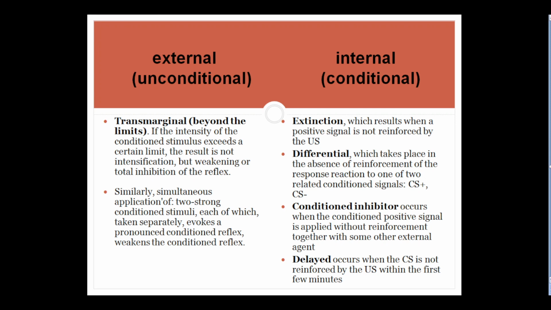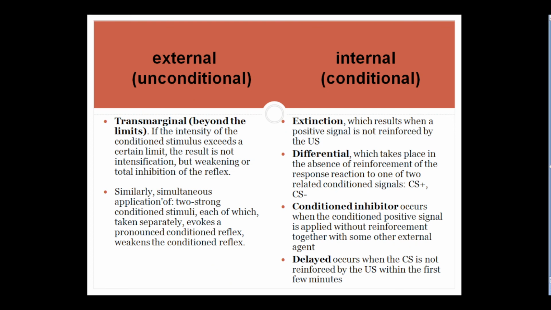So for the external or unconditioned inhibition, the example you have is transmarginal inhibition. Transmarginal means beyond the limits. What does that mean? If the intensity of the conditioned stimuli exceeds a certain limit, the result will not give you the reflex. In fact, it will be weakened or it might be totally inhibited.